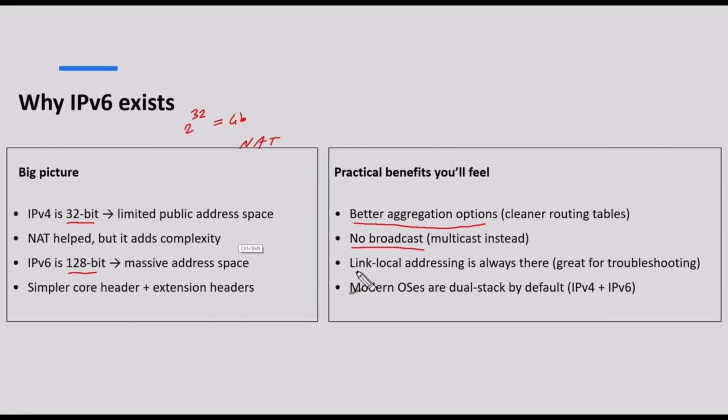We have something called link local addressing, which is important for us, great for troubleshooting. Link local addressing is not limited to IPv6; we have it in IPv4 as well. We have modern OSs that are dual stack. Like I said, when you have IPv4 and IPv6 at the same time, this is called dual stack configuration.